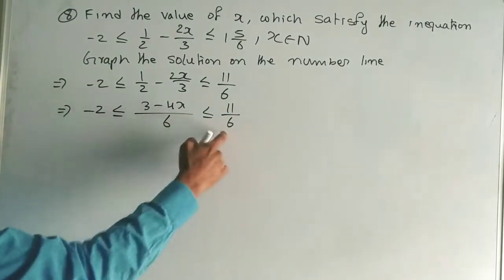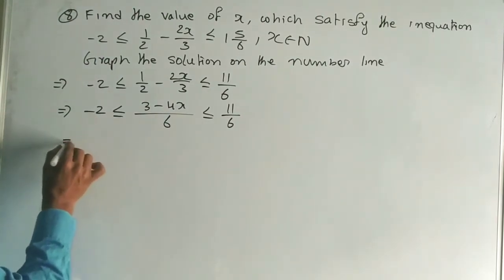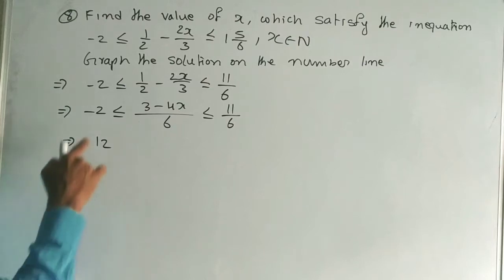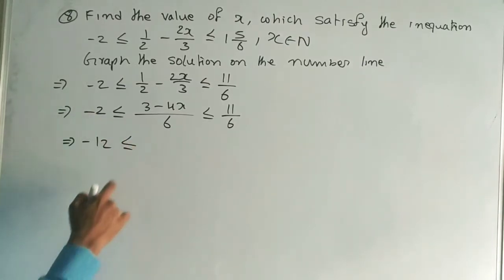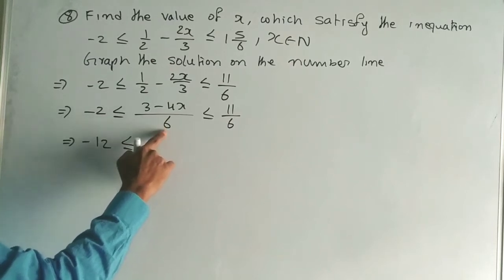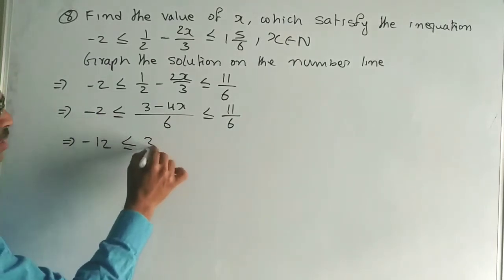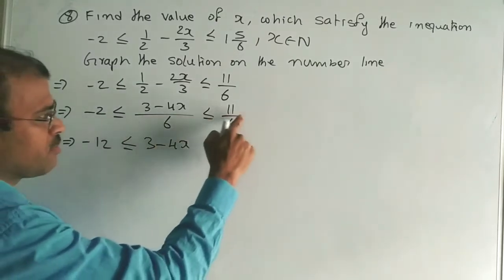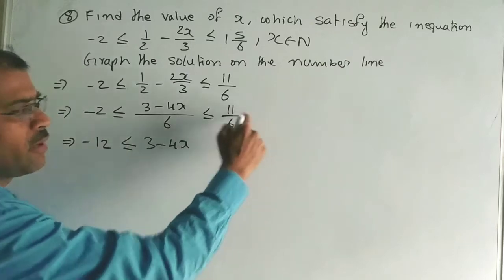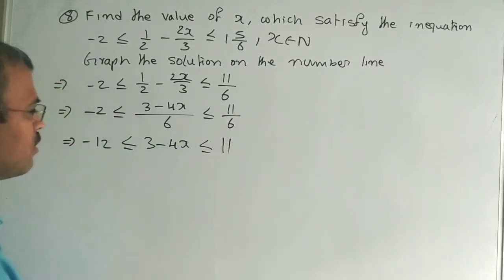This entire inequation I can multiply by 6. When I multiply by 6, -2 multiplied by 6 gives -12. In the middle, the 6 cancels, leaving 3 - 4x. On the right, the denominator 6 and the multiplier 6 cancel, leaving 11.